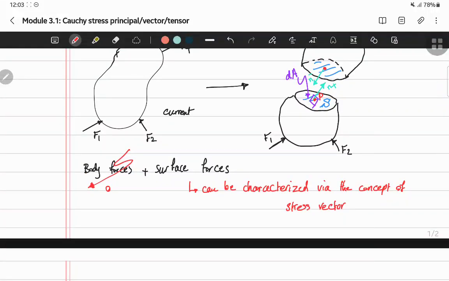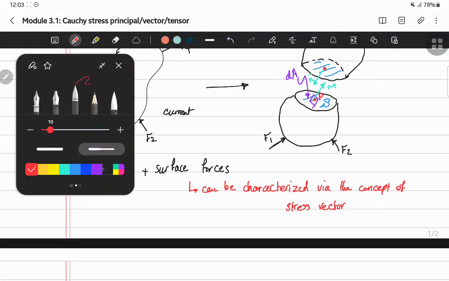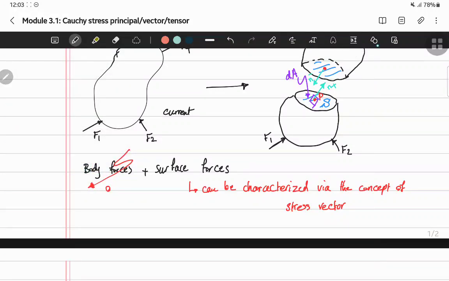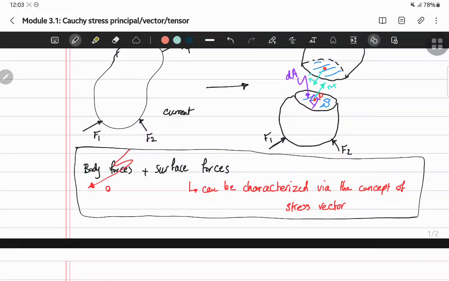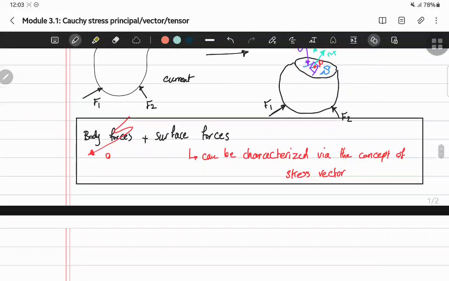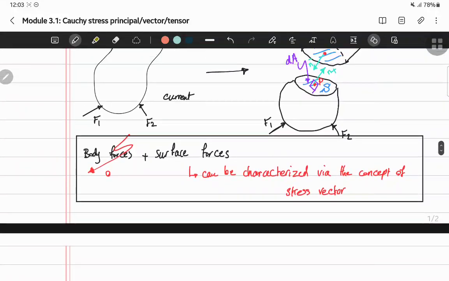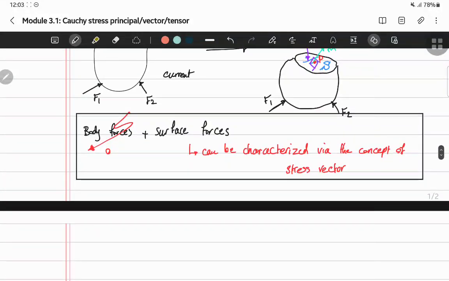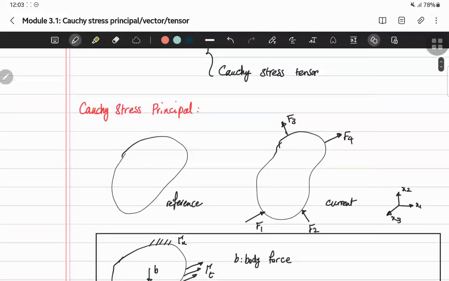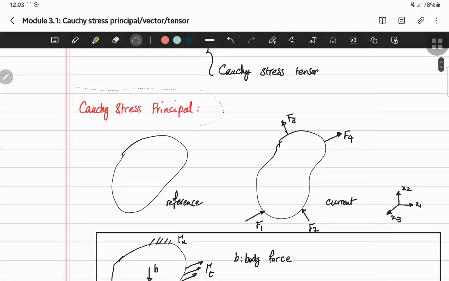So the whole of this is the Cauchy stress principle.